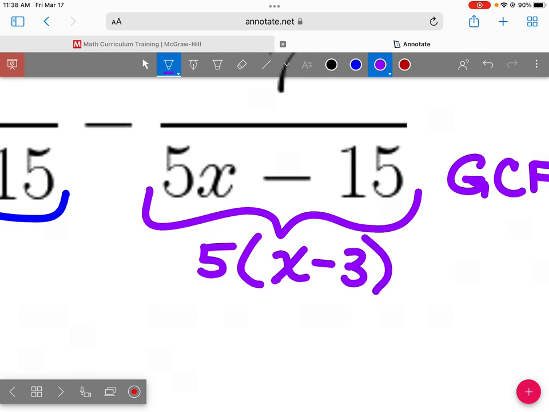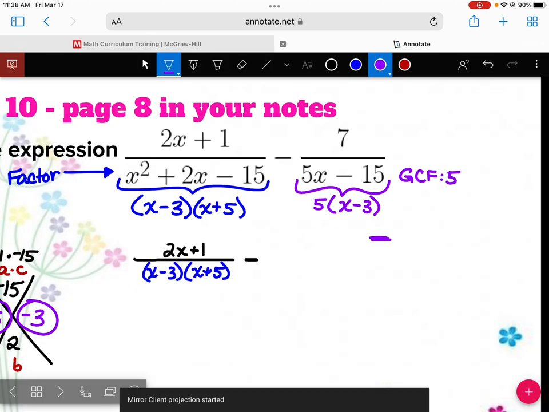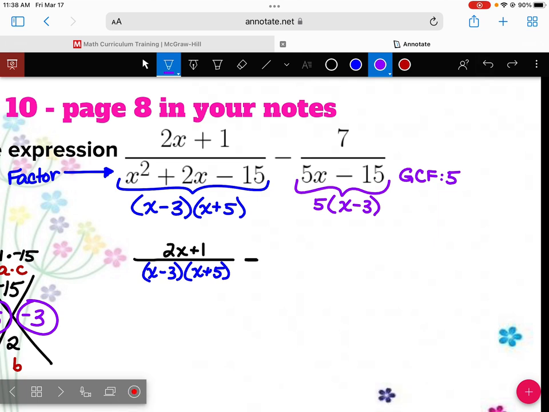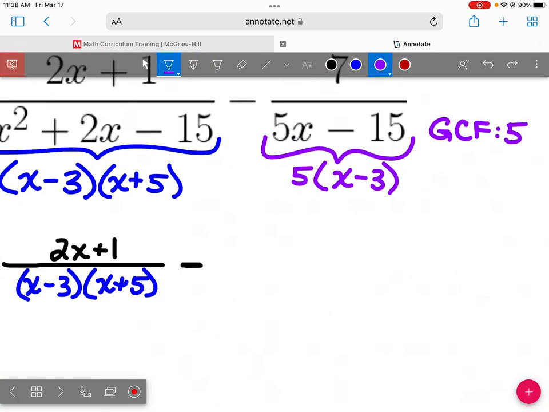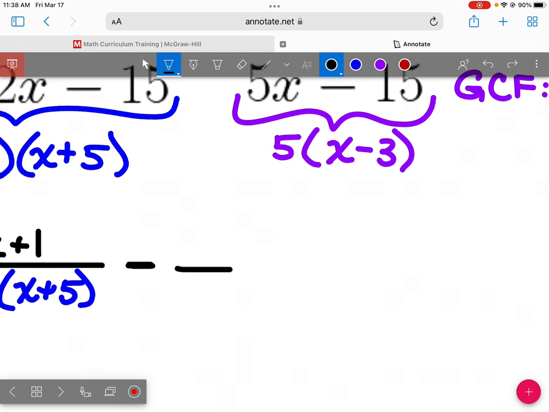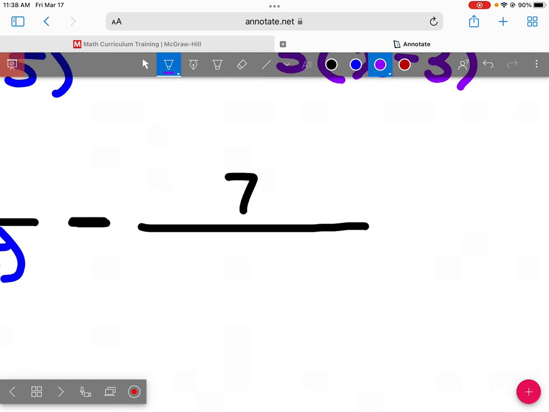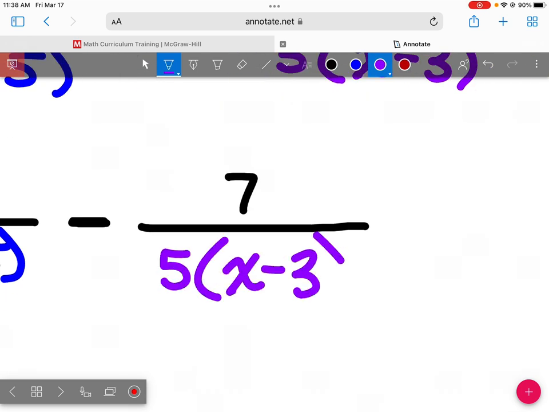If I distribute the 5 to the x and to the minus 3, I get 5x minus 15. If I multiply those pieces together, I get that original denominator. All right, so I have 7 over 5 times x minus 3.